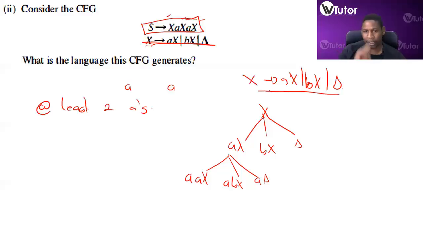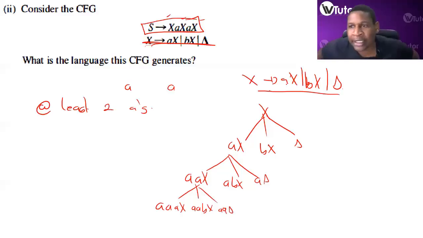We can continue like that. We can have AA, AX, AA, BX, A. Now we can see what's happening here.